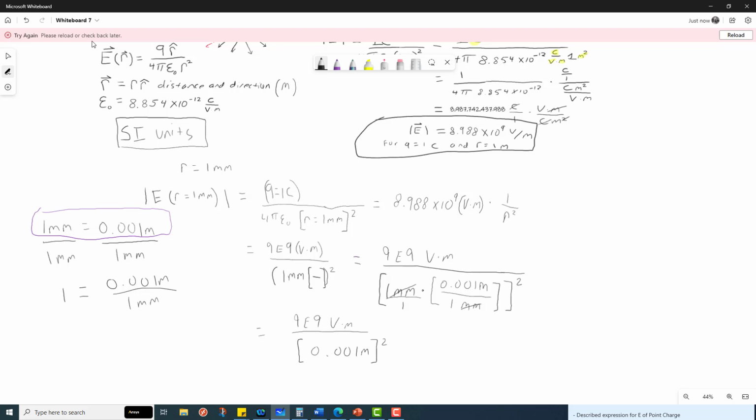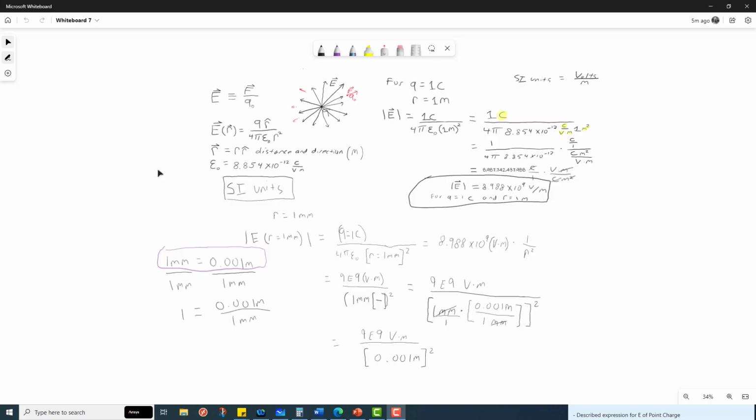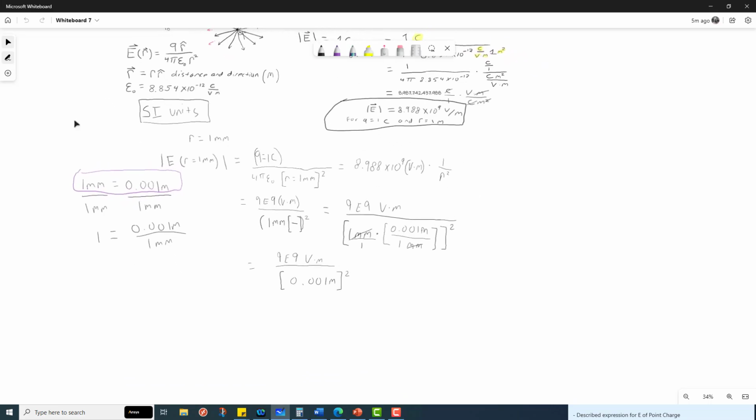Squared. And as I continue along, I can separate the units from the numbers, as we've done before.